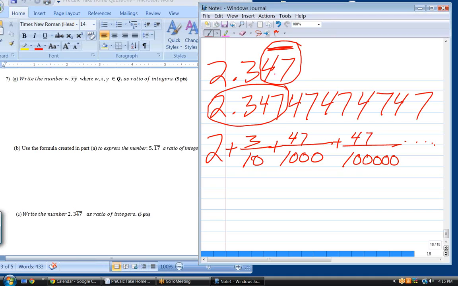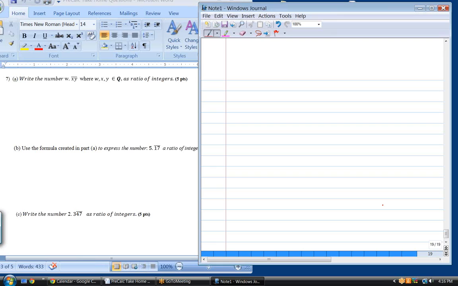If I'm repeating 3 digits, in other words, if there was actually a line over this, then the denominator would increase by 3 zeros each term. Okay? So I think if you put that down, you'll get a lot of credit. You may not get exact credit because I'm not sure exactly how he has taught you to express these. But he'll understand that I understand. Okay, now let's go back to A.